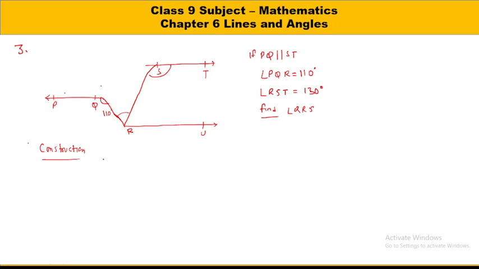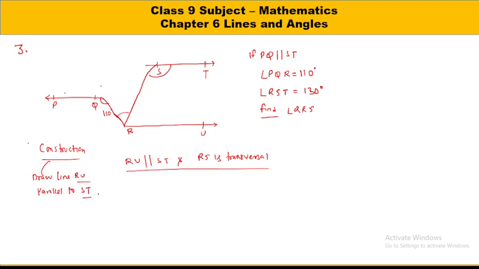Now by construction, line RU is parallel to ST, and RS is a transversal line which passes through these two parallel lines. So in construction we write: draw line RU parallel to line ST.